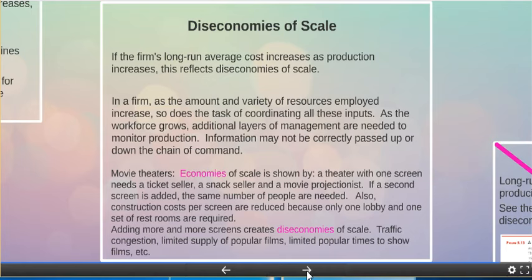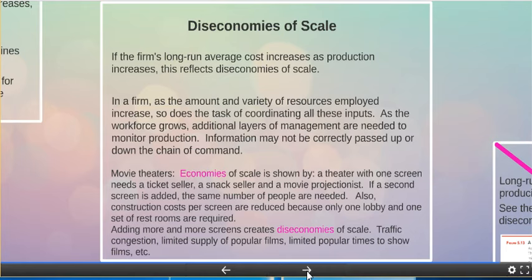What's more, construction costs per screen are reduced because only one lobby and one set of restrooms are required. By adding more screens, which have increased to an average of 13 per theater in the United States, theaters take advantage of the economies of scale.